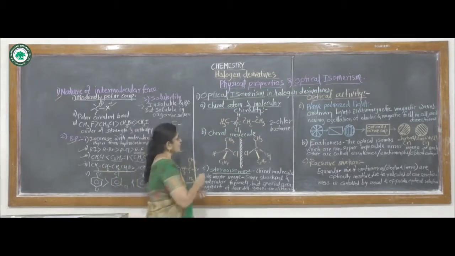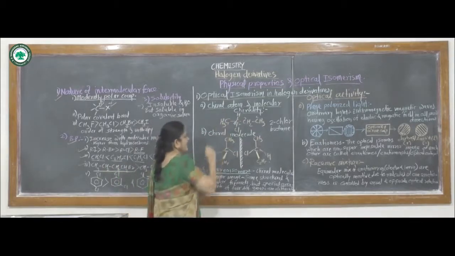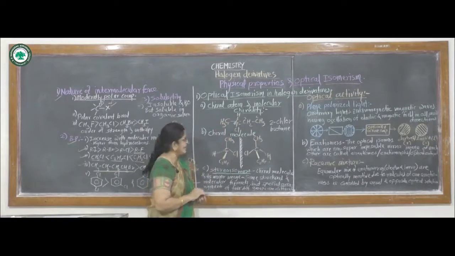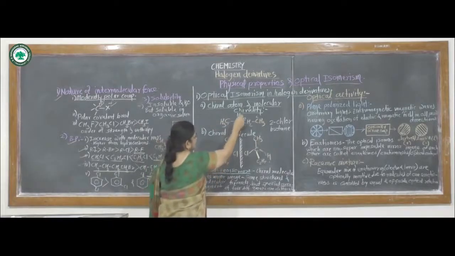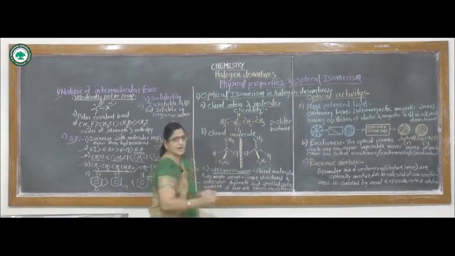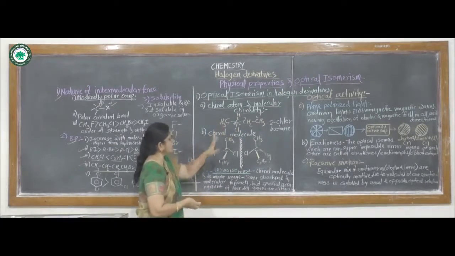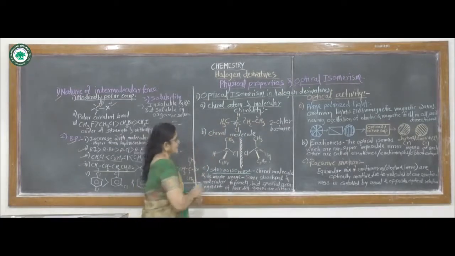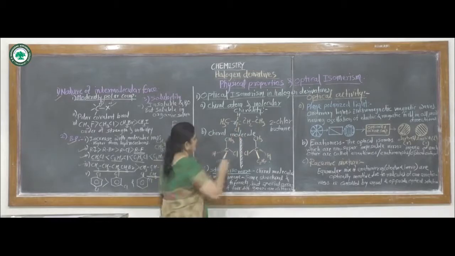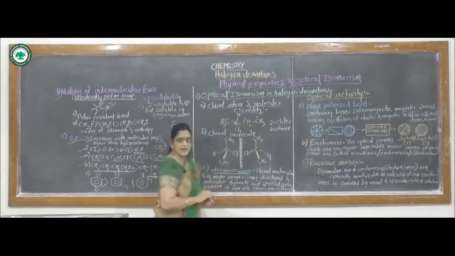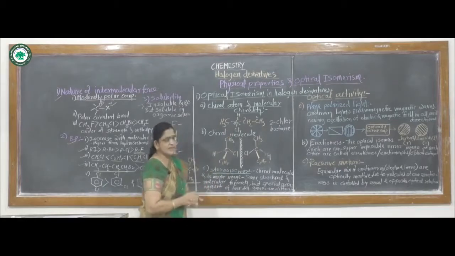In this 2-chlorobutane, at the first carbon there are 3 hydrogen atoms attached, which are the same. Then on the third carbon atom, there are 2 hydrogen atoms and 2 other alkyl groups which are different.